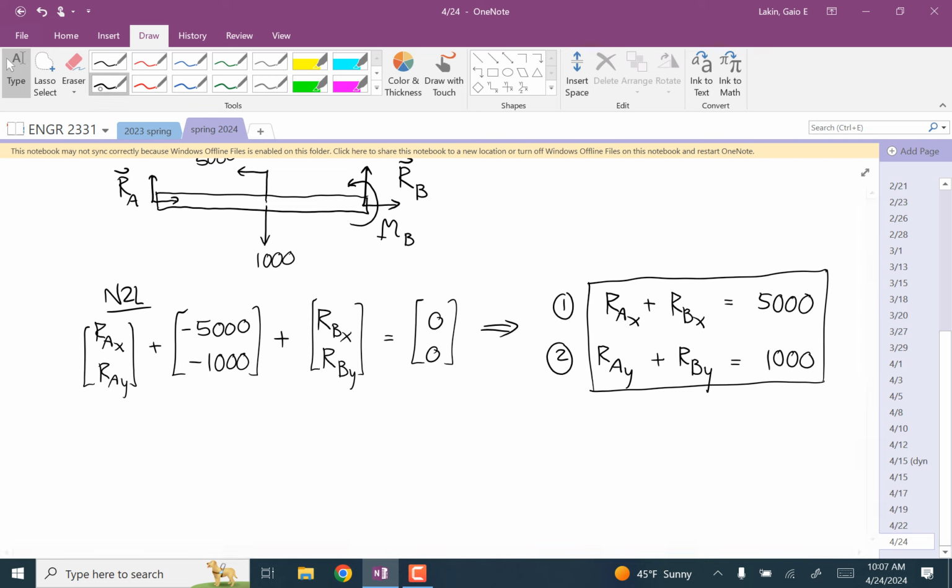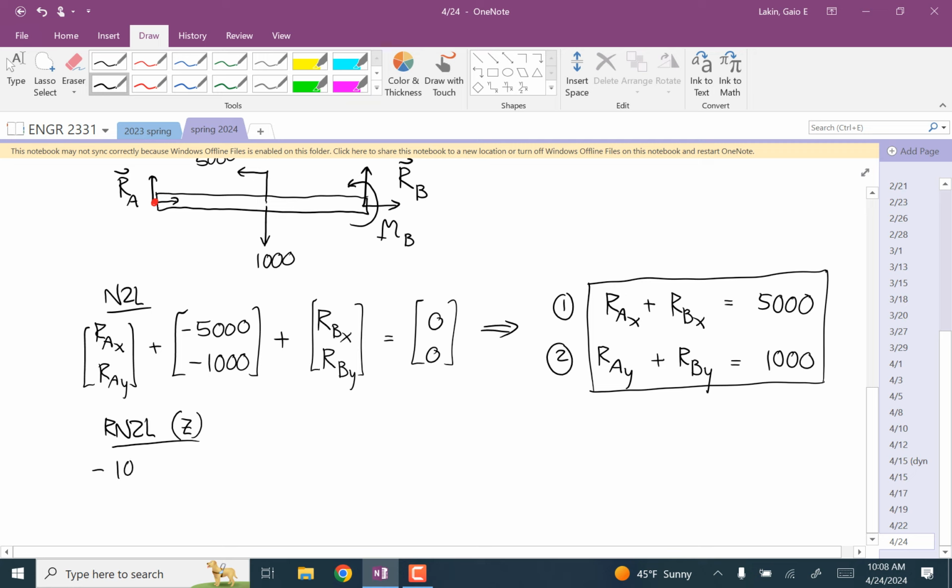And then the moment equation about the z-axis. We have a clockwise moment. So this is my about point. We have a clockwise moment with a moment arm of 1 and a force of 1,000.